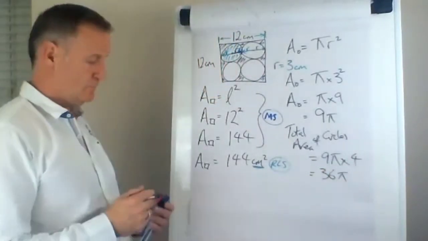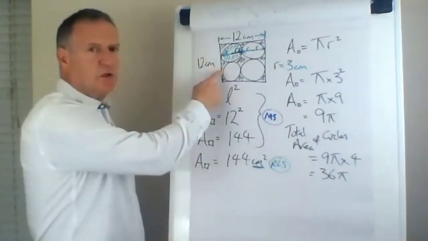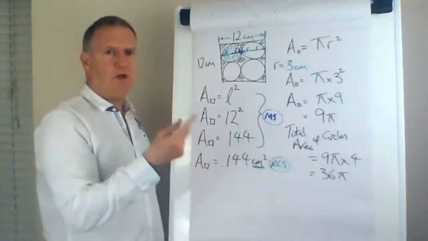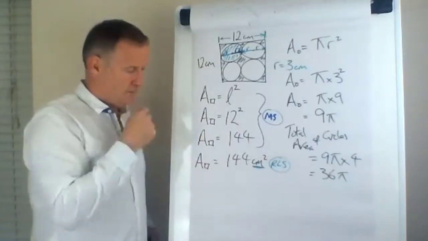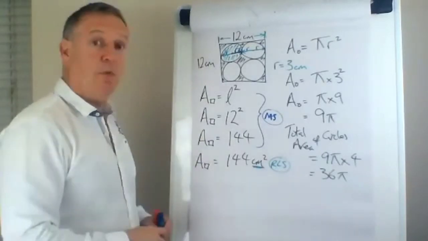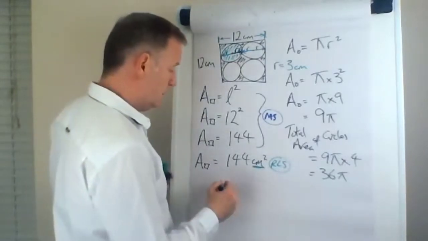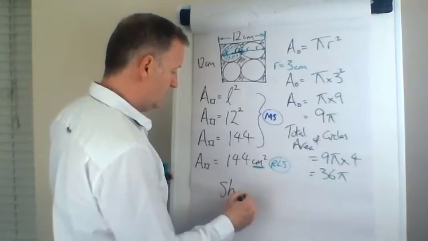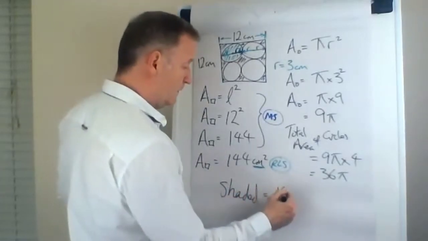So in the problem, aren't we going to cut those circles away? So we need to do 144 take away 36. Not 36? Didn't we find the area of the whole thing? 144.